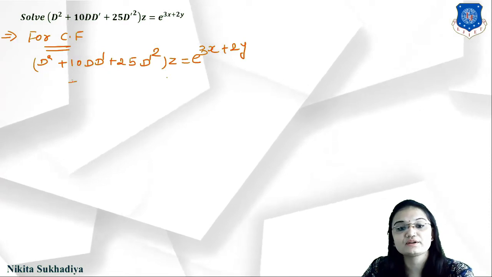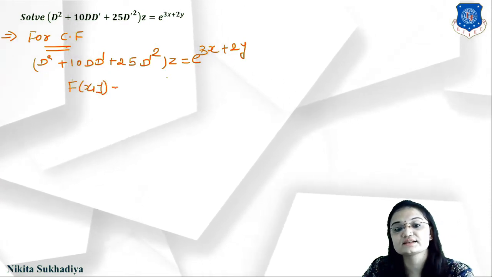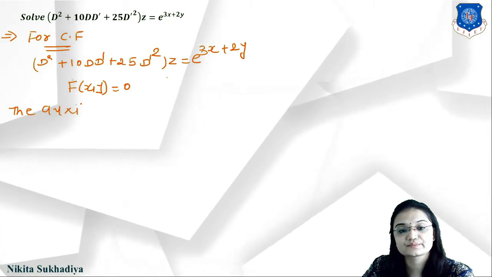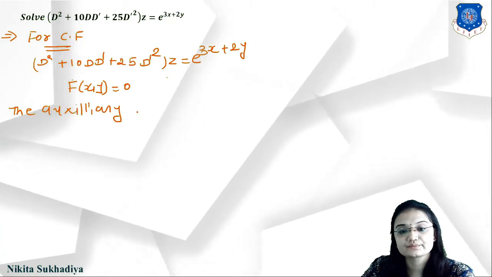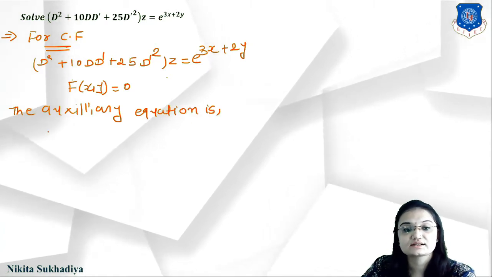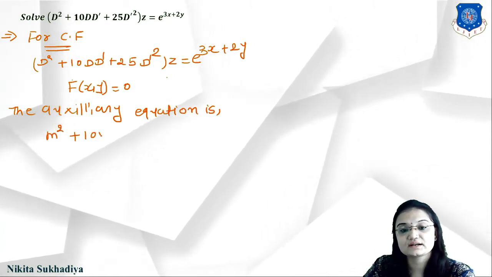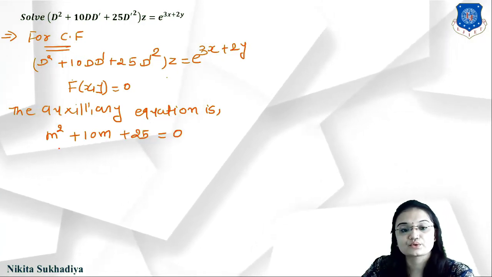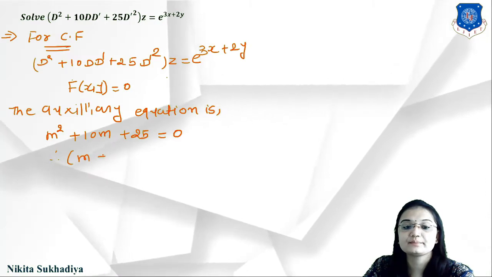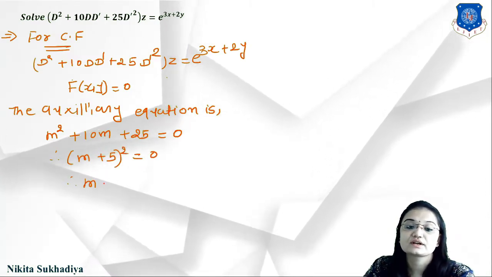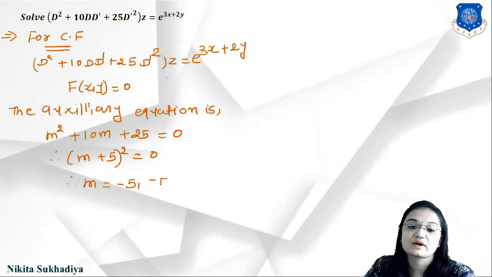For complementary function take f of xy is equal to 0. So the auxiliary equation is m square plus 10m plus 25 is equal to 0, and this is nothing but m plus 5 whole square is equal to 0. So here we will get m is equal to minus 5, minus 5.